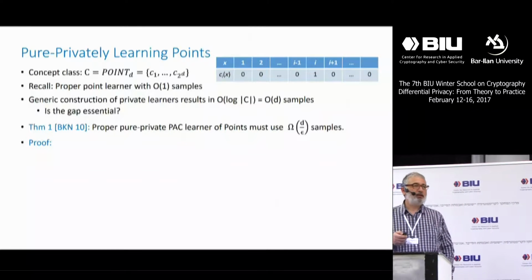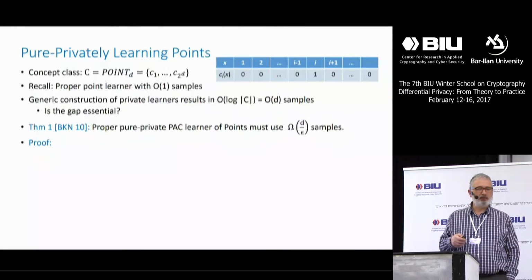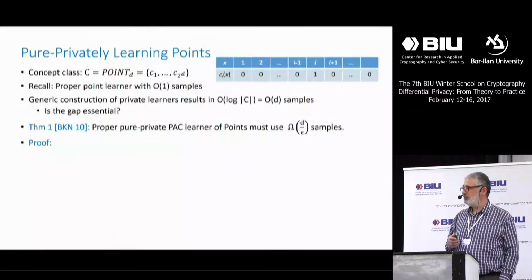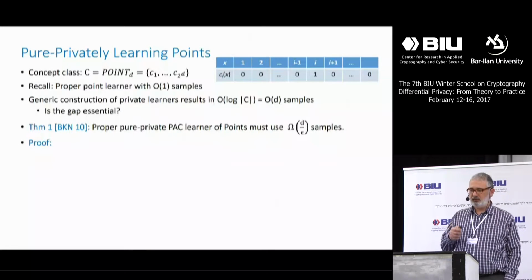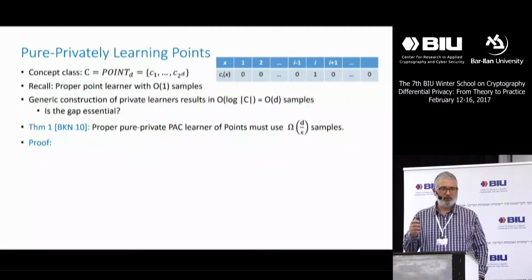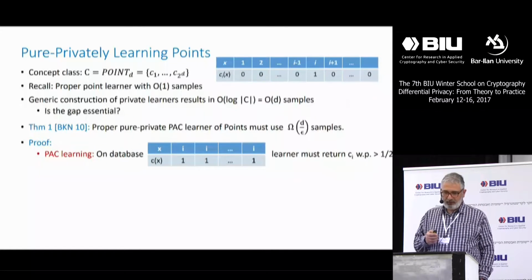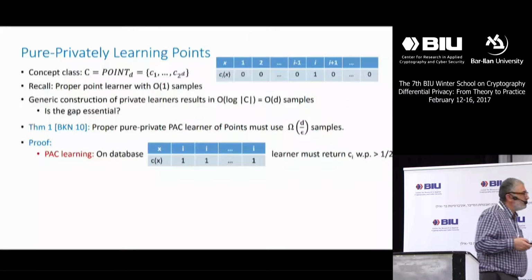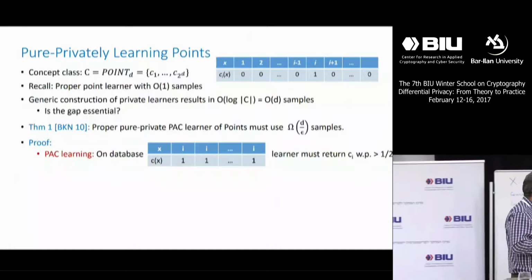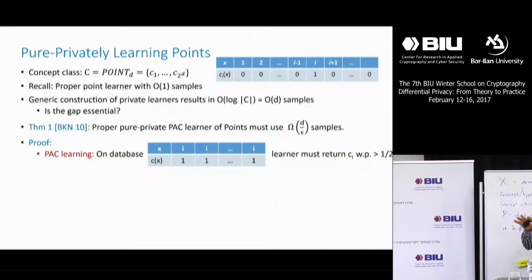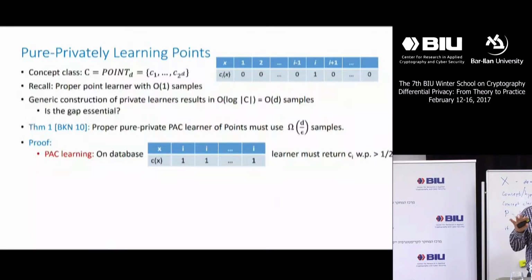So we'll use a very simple packing argument to prove this. We've seen John teach us about packing arguments, so we can try to use it here. And here's the argument. Let's look at this database. And again, I'm doing something a bit informal. I'm mixing learning over the sample and learning over the distribution, but everything can be bridged.